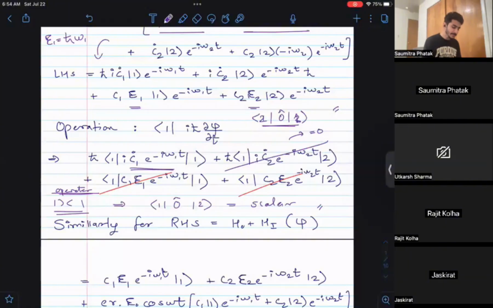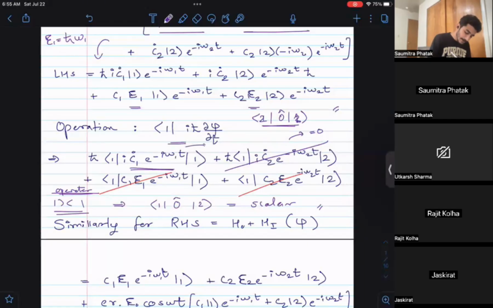Actually, when we pre-multiply the left-hand side of Schrödinger's equation by the first energy eigenket, you can see that the operator in the middle doesn't have any spatial term. Like we talked about earlier, the energy eigenkets are time independent, so this will just come out.